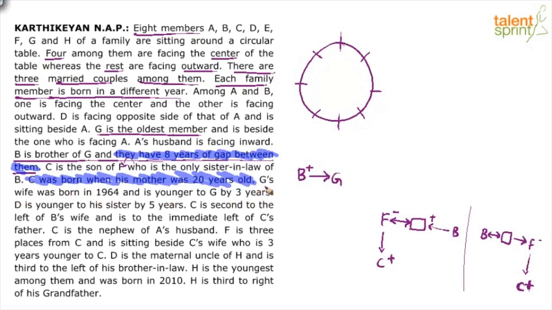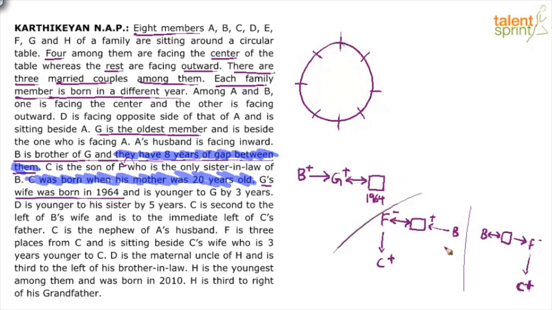Now, this point here gives us a lot of information. It says G's wife was born in 1964. So clearly G is married, and he's talking about G's wife, so G is a male person. His wife was born in 1964. These are two separate branches.